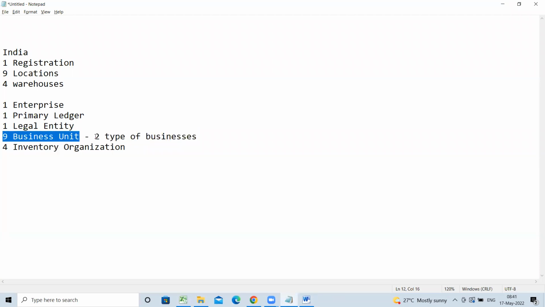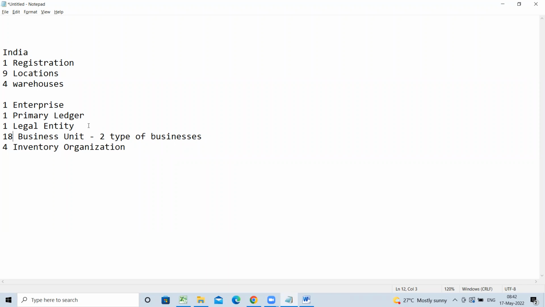If this is the reality, what you can do is create 18 business units, and have one of the segments called division that will help you track by grouping the specific BUs' data. So I'll have 2 divisions. If I run the report with division 1, it will give the results for 9 BUs. If I run the report with division 2, that will give the report for another 9 BUs. For that purpose, you can use division.